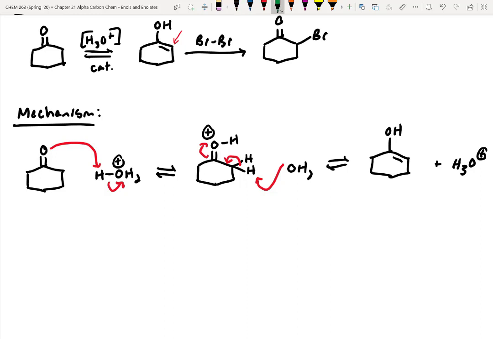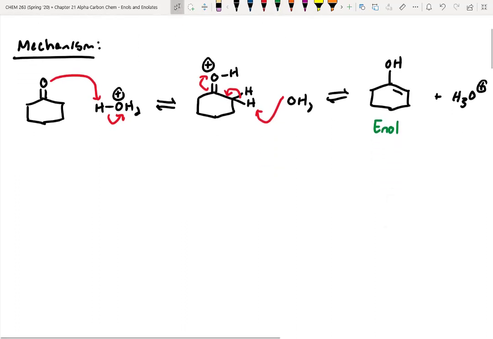So this is our enol right here. And like I said, it's important to remember that the enol has a major resonance contributor that we should consider, where the electron density from this oxygen can be pushed all the way down to that alpha carbon. So let's draw both resonance forms.